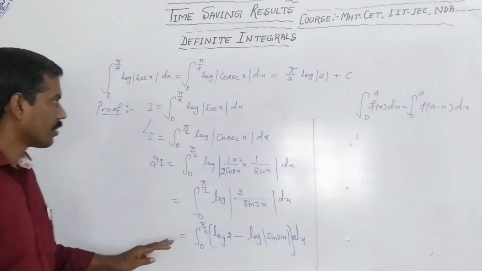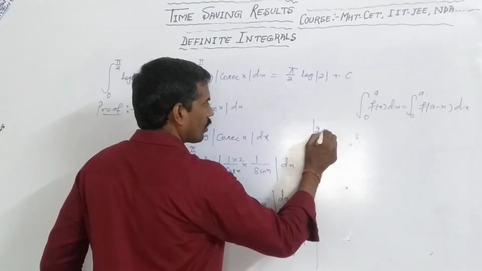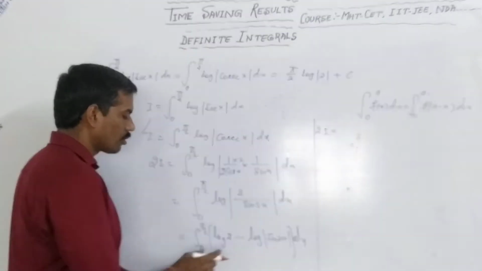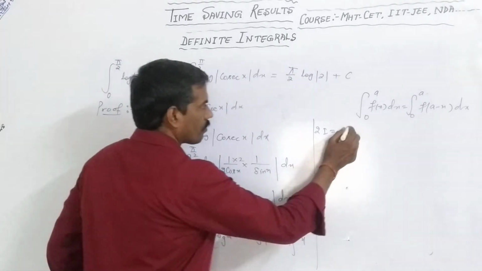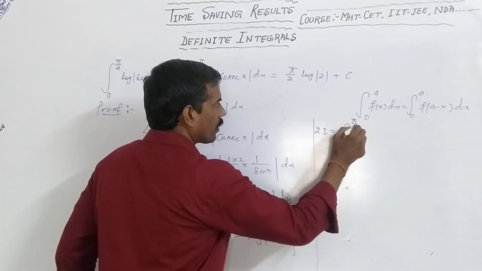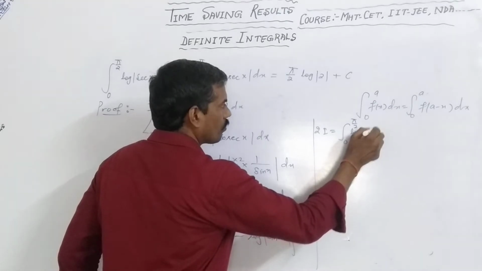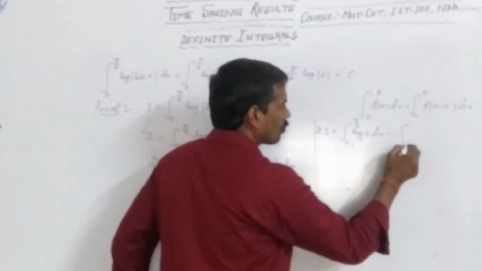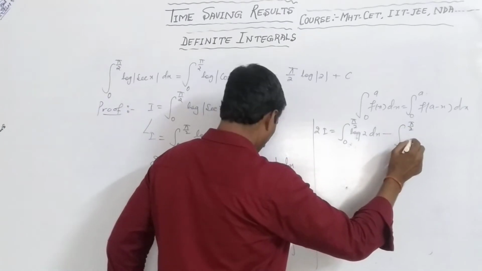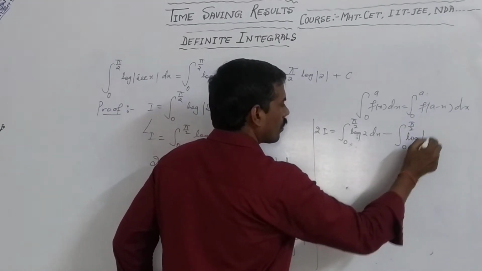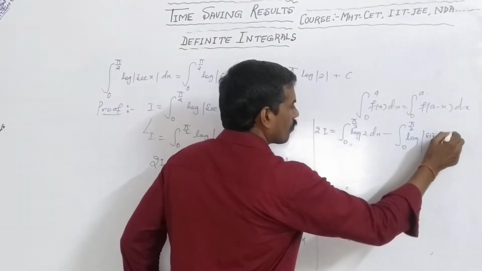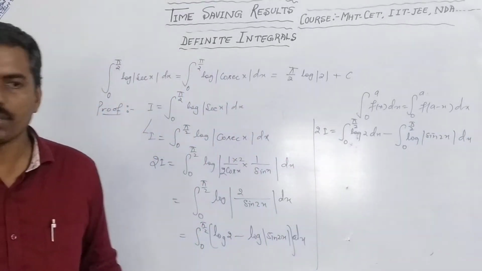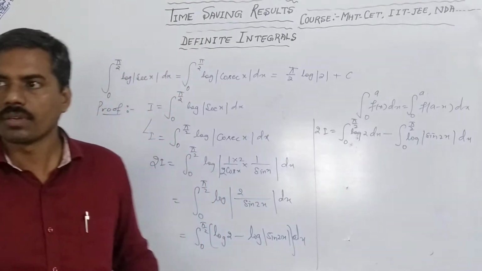Okay, and this is equal to integral from 0 to pi by 2 of log of 2 dx minus integral from 0 to pi by 2 of log of sin of 2x dx. Students, any problem?